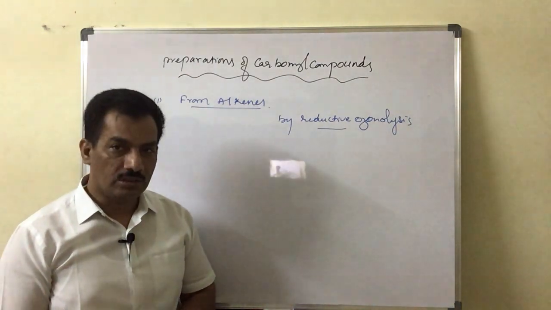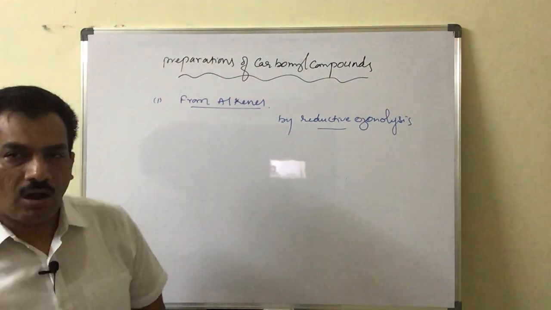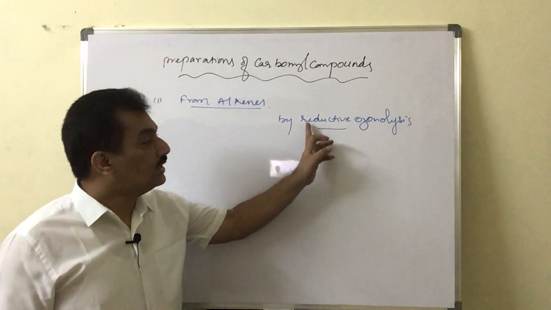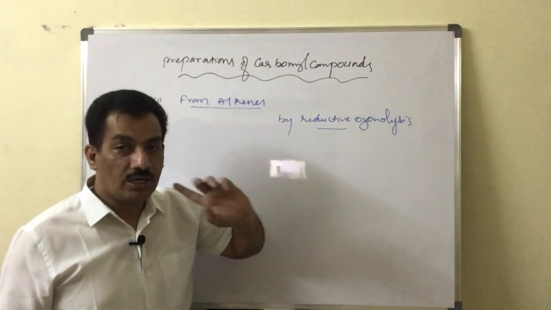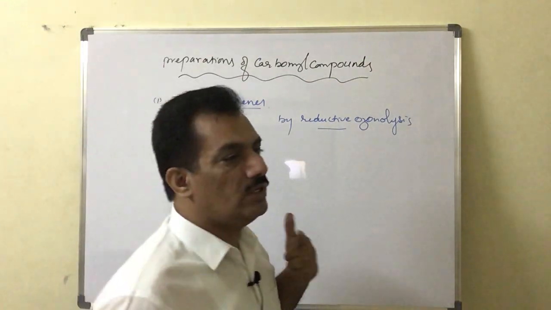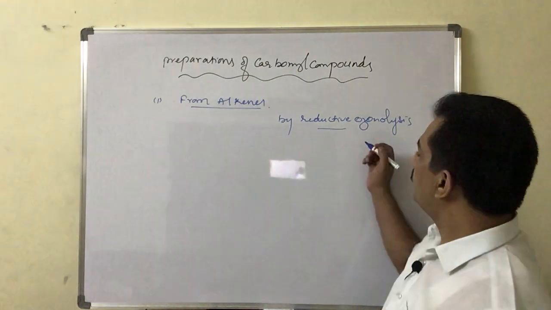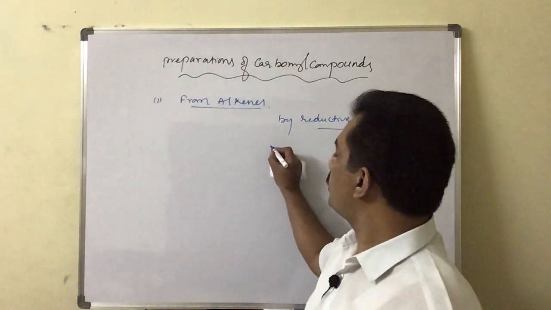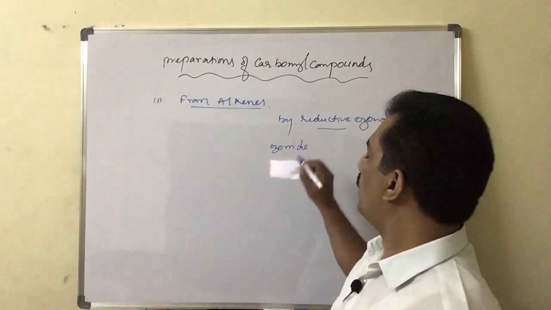In such a conversion we are using an oxidation process. Here the oxidation process itself is reductive ozonolysis. Here reductive doesn't mean reduction, just remember. Reductive ozonolysis means ozonolysis is an oxidation process involving formation of ozonide. First ozonide will form. How?